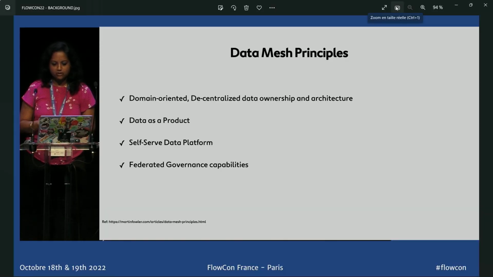It should be decentralized: domain ownership shifts to the product owners, data as a product, a self-serve data platform, and federated governance capabilities. Because as you decentralize, it's not just one person who owns the data or is responsible for it, but you have a collection of owners who need to be made accountable for how they process PII information, PCI information, and so on.